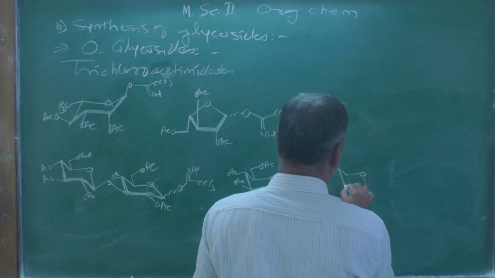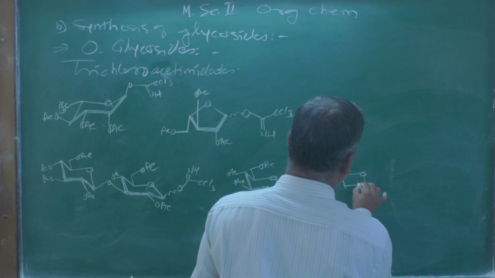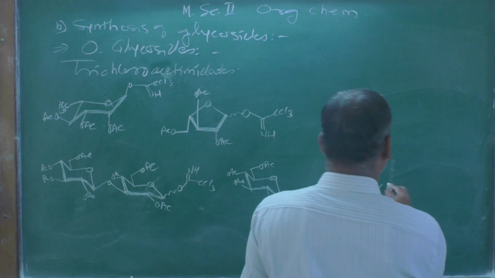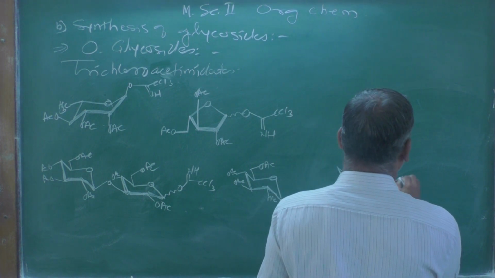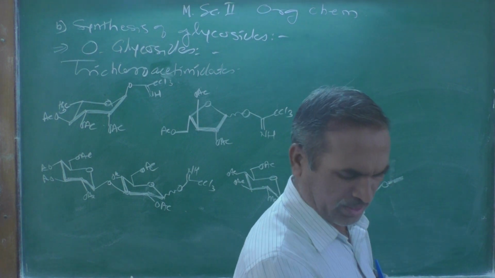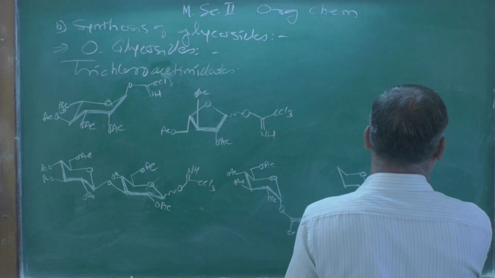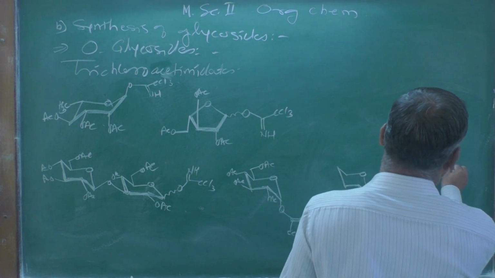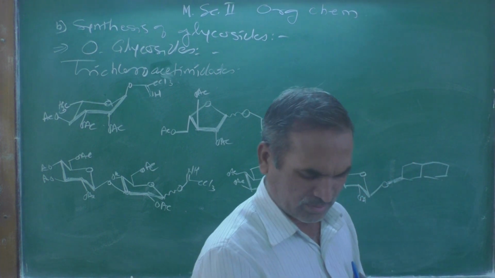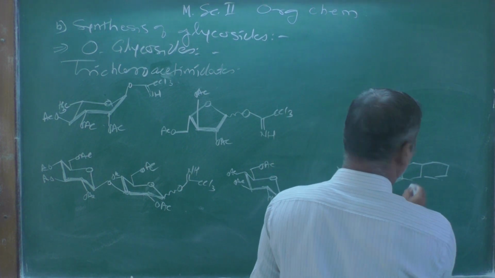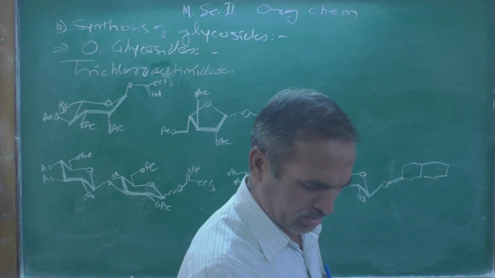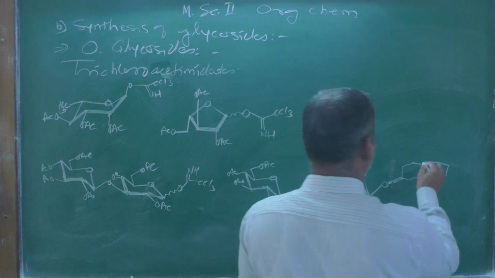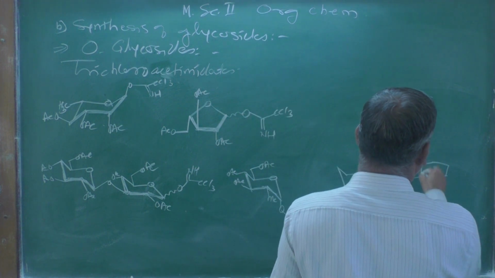Here again a thick line, here must be OH, then we can show O here, and then this is a thick line, and then a 6-membered ring you can show over here. Another 6-membered ring you can show over here. Another ring has a double bond, and one bond which is above.